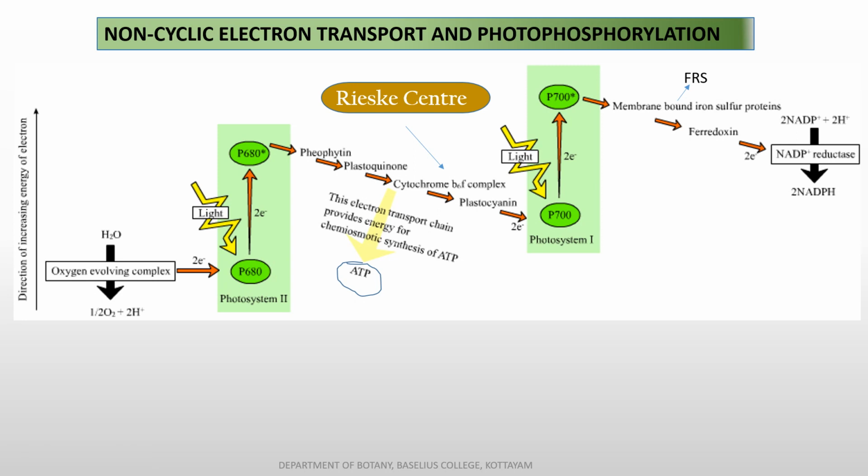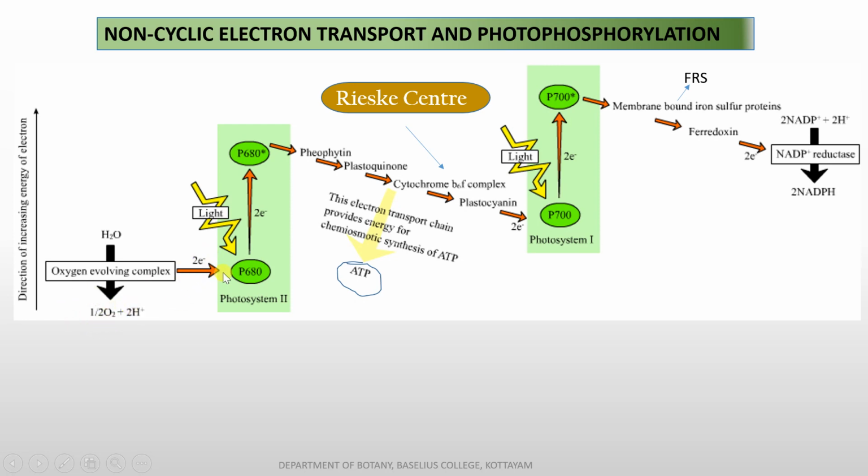So who will help PS2 to fill the hole? Here comes water. Now we are moving on to the third phase, that is photolysis of water. Here water acts as the electron and hydrogen donor, because water splits to produce 2H+, 2 electrons and half O2.